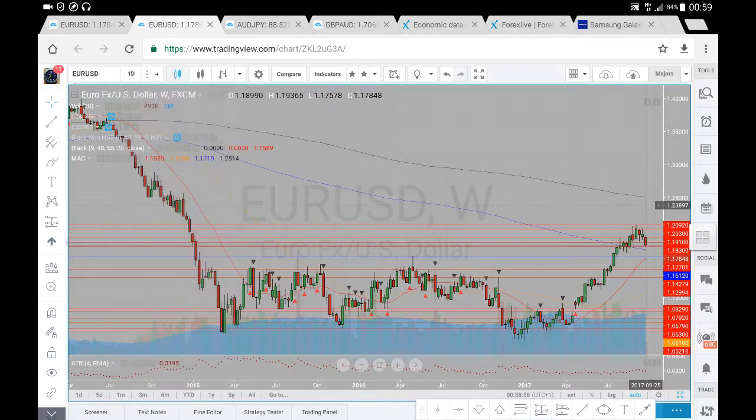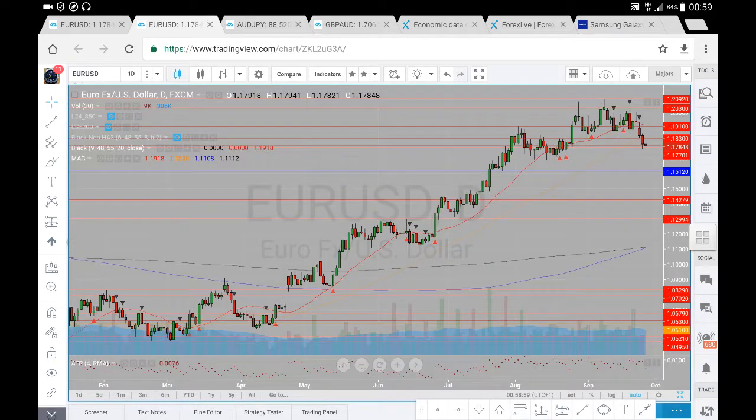If I go down to the daily chart, let's see where 1720 is. So in and around the 1715. So here we go, in and around that 1686 to 1716, we do have on this daily chart quite a lot of wicks suggesting there was some buying in this area.